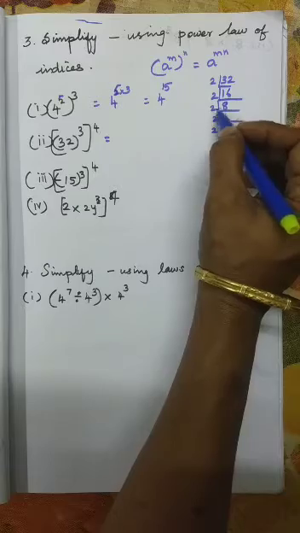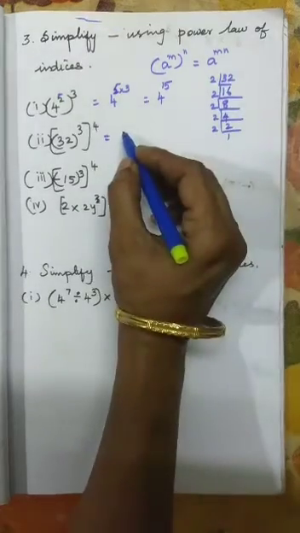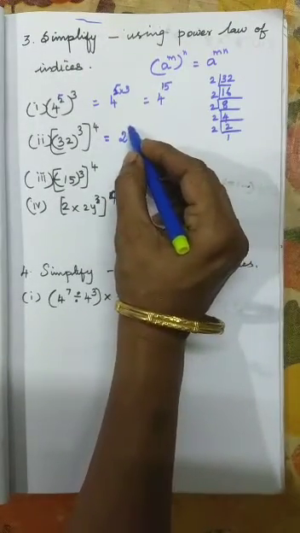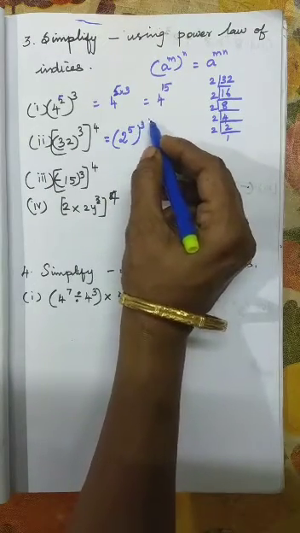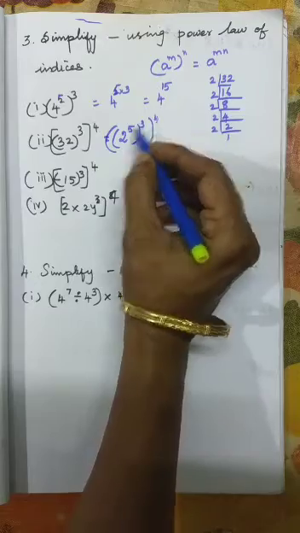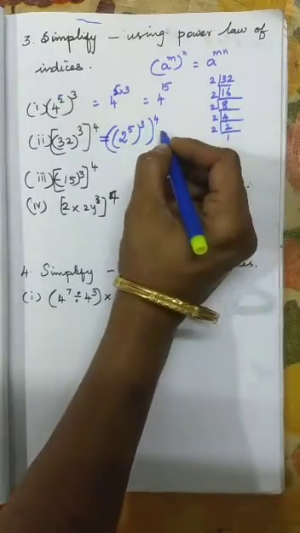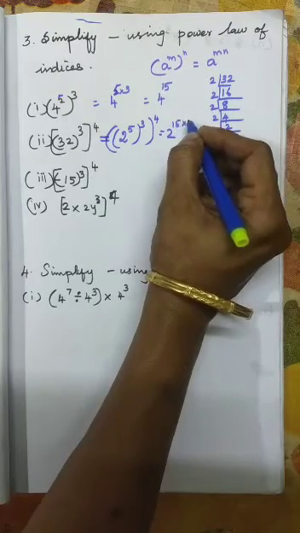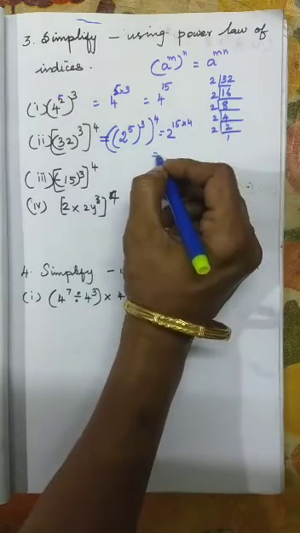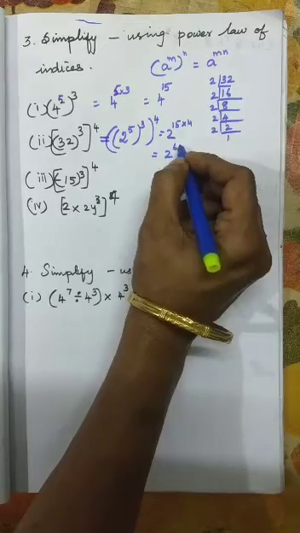How many 2s? 1, 2, 3, 4, 5 2s. So you can write this as 2 power 5, the whole cube, the whole power 4. Isn't it? Now you have to multiply. 2 power 5 3s are 15. 15 into 4. 15 4s are? Yes, 2 power 60.